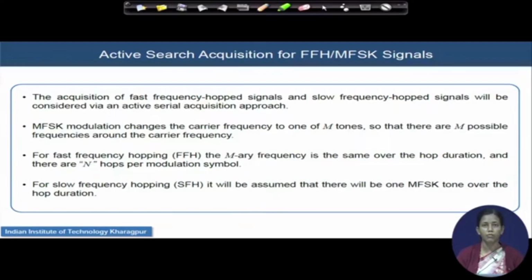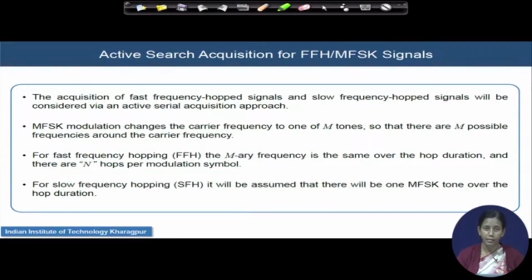FFH stands for fast frequency hopping, and MFSK is the multitone frequency shift keying modulation going on. And remember, though the slide name is FFH MFSK systems and signals, we will also consider slow frequency hopping MFSK systems. So, we will today discuss the active serial search acquisition process for both.